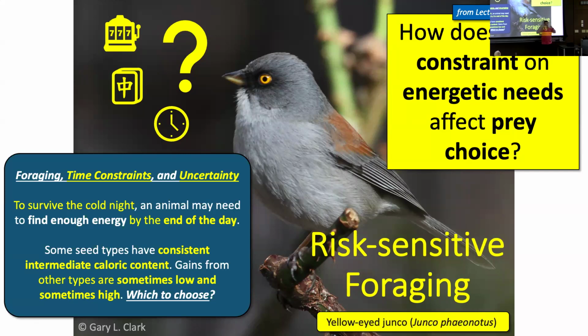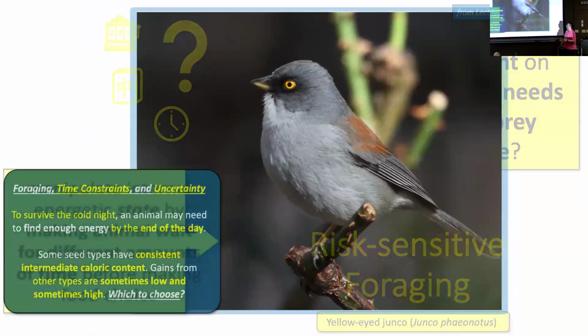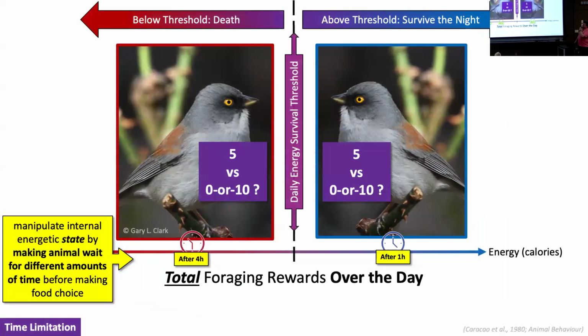So until you crack them, you don't know whether they're high calorie or no calorie, but they can be very high calorie. And then another type of seed is just consistently intermediate calories. So that's the thought here. There's ecological relevance. We think the junco does have to solve these types of problems in nature. So it becomes a model organism for studying risk sensitivity. So again, we started talking about this last time.